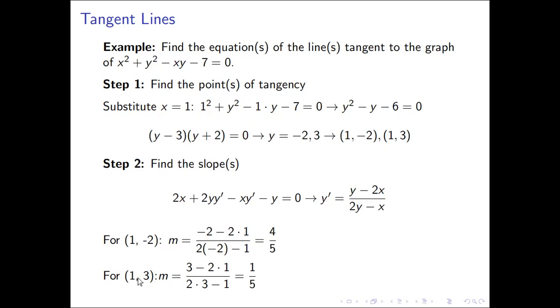Now, that means you have everything you need to get the equation of the tangent lines. They are just lines, so you just need a point and a slope. So we use the point-slope form to derive the equations. For step 3, we find the equations now of the tangent lines. So let's consider the point (1, -2), whose slope we already know. I mean, the slope of the tangent to the curve at this point.